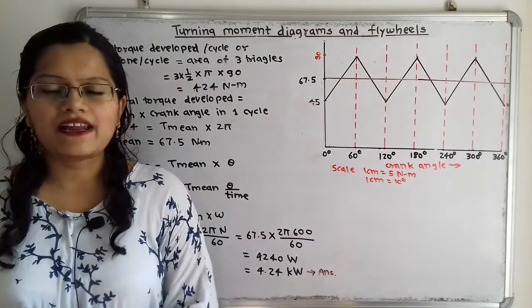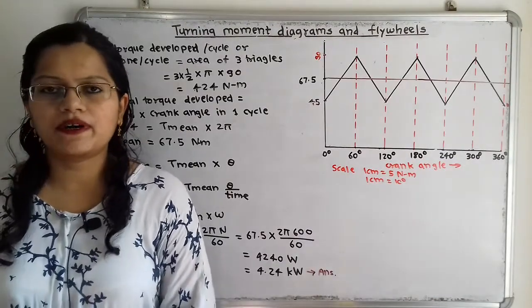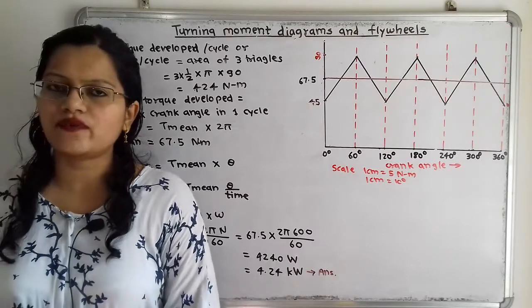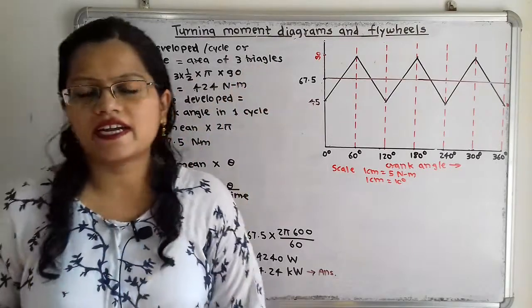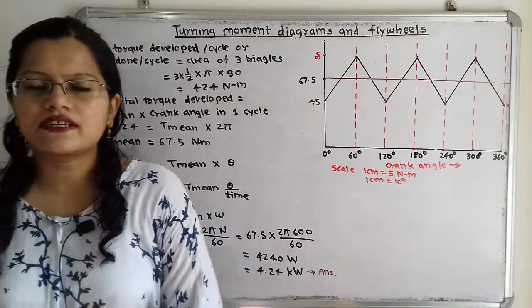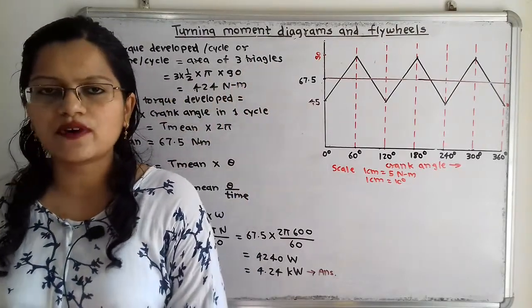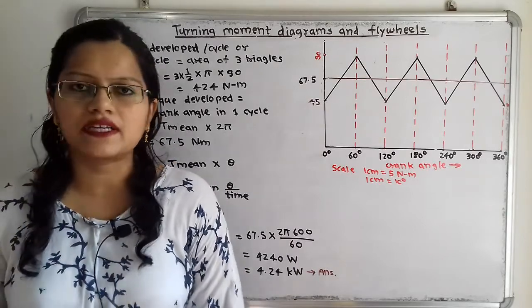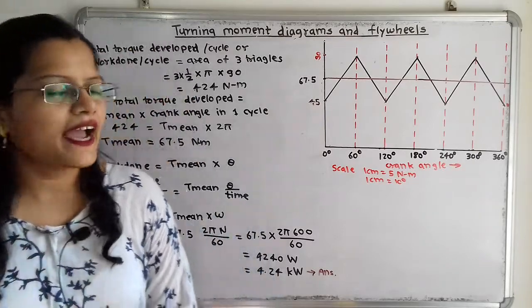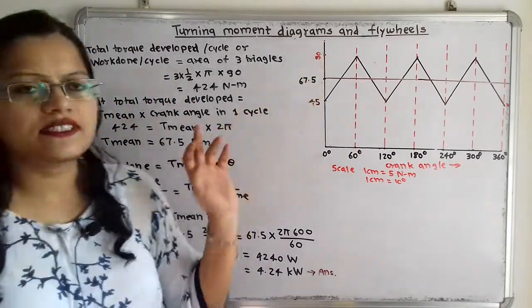We will first calculate total torque developed per cycle. It is also called work done per cycle, and which is equal to the area of 3 triangles. Now if we consider cylinder 1, that is 1 triangle, then the area of 1 triangle is half multiplied by base multiplied by height. For the height, the maximum torque is 90 Newton meter.